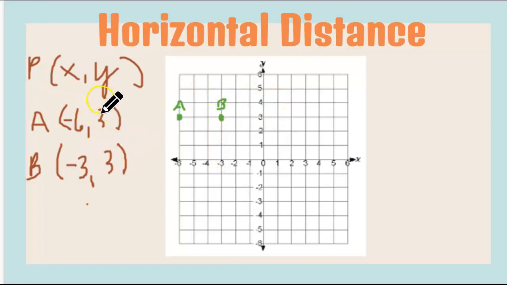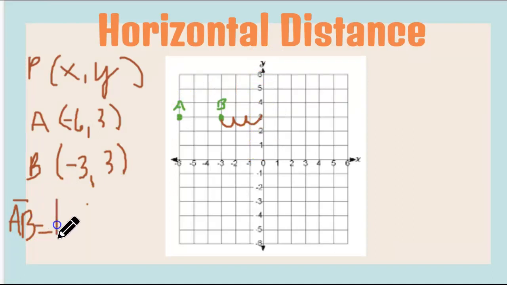If you notice, they are located on the same point of the y. It's on the 3, that's why it's horizontal. So we're just going to find the absolute value of their x coordinates. But remember, we have to subtract, because we have to take away these points over here that are not part of the distance from the y-axis to the location.